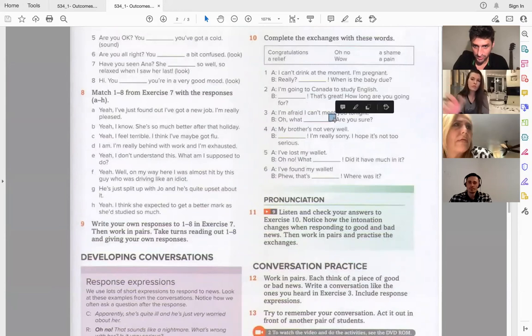Choose the correct exclamation, and then we can practice these in a conversation. So I'll work with Emily on this, and Ada, you can work with Fairy.